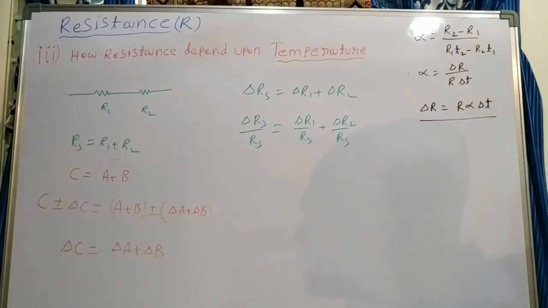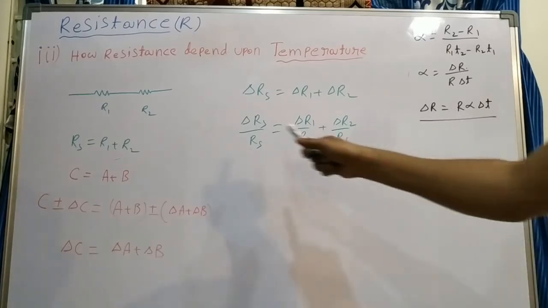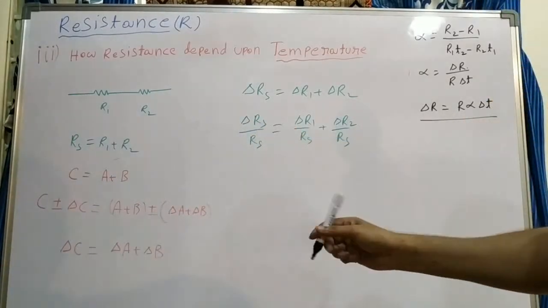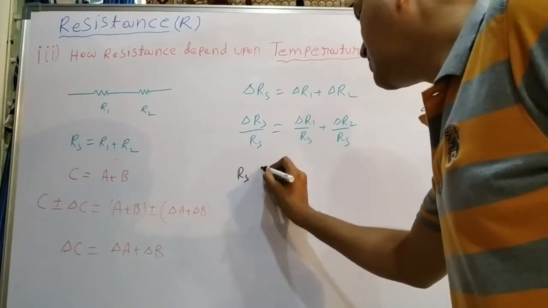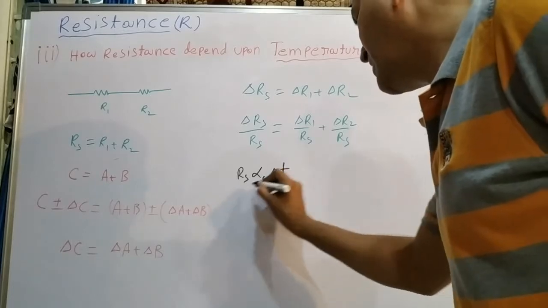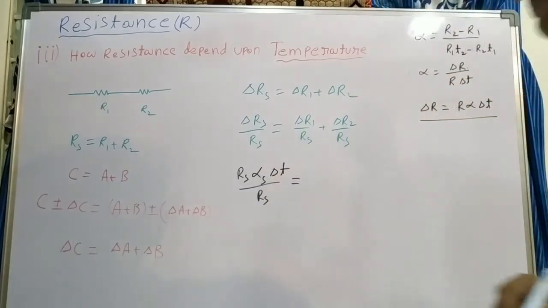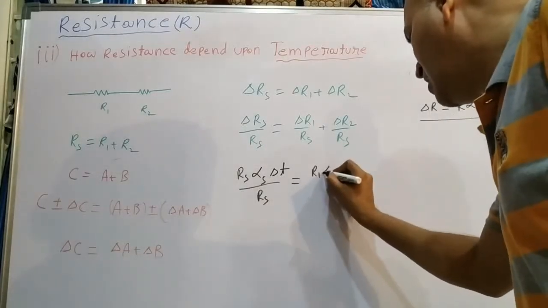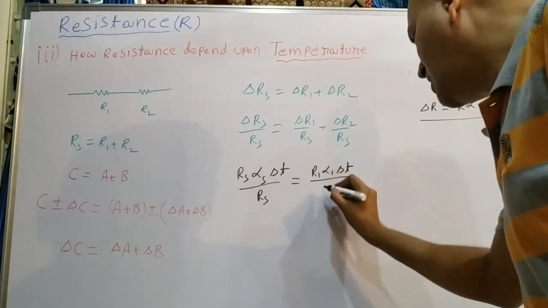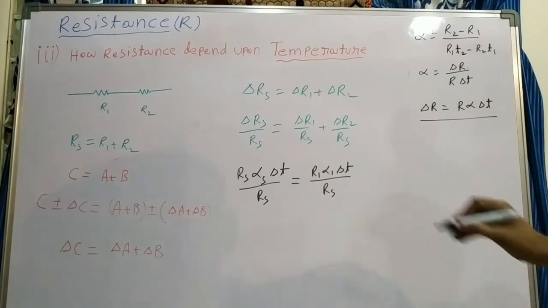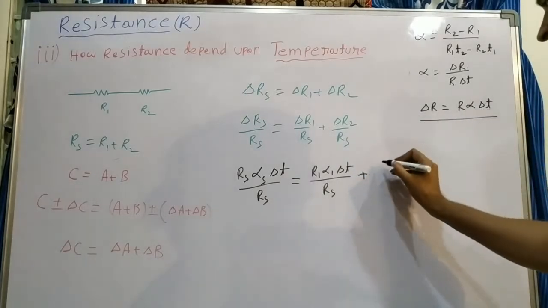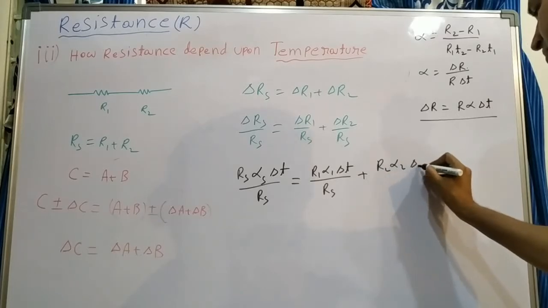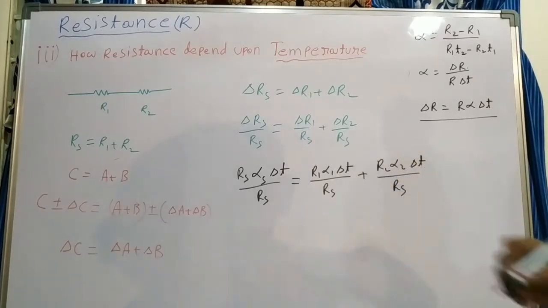Just like a change in length of the wire, delta L is equal to L alpha delta T in linear expansion, similarly here also delta R is equal to R alpha delta T. From this, delta R series is equal to R series into alpha series into delta T. Delta R1 we can write as R1 alpha 1 delta T by R series, plus delta R2, using this formula, R2 alpha 2 delta T by R series.